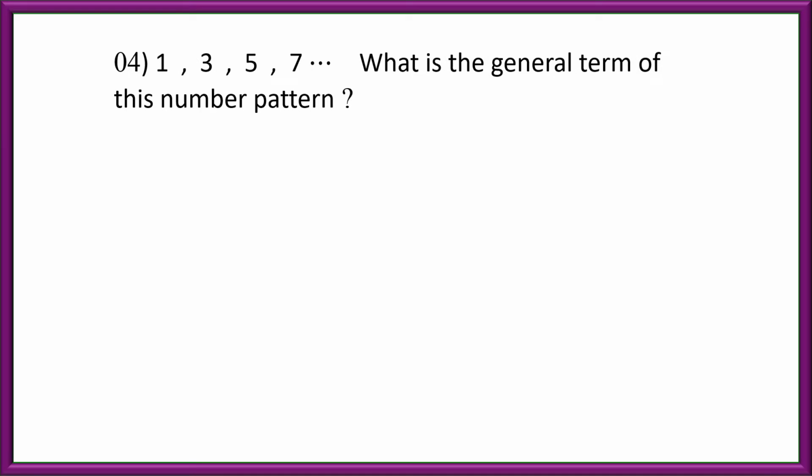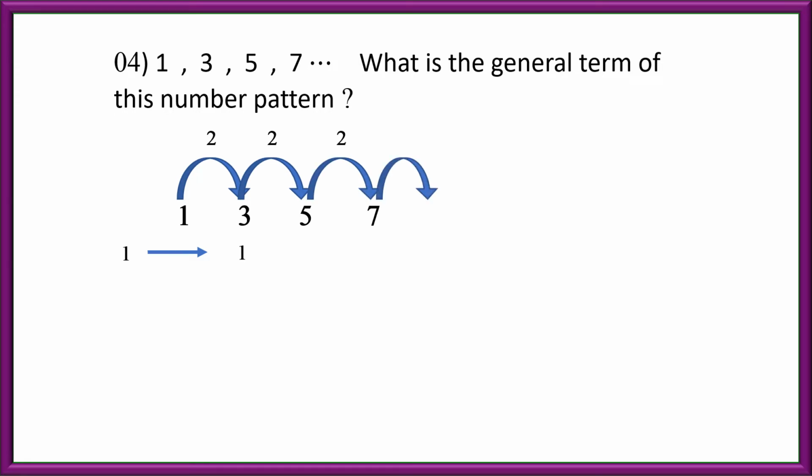Question number 4. 1, 3, 5, 7. What is the general term of this number pattern? Let's see the common difference between two terms, we can take it as 2. Let's see how to make the first term. That is 1 times 2 minus 1.